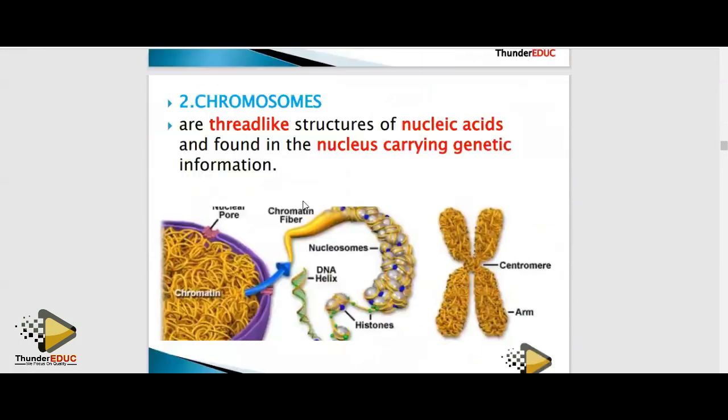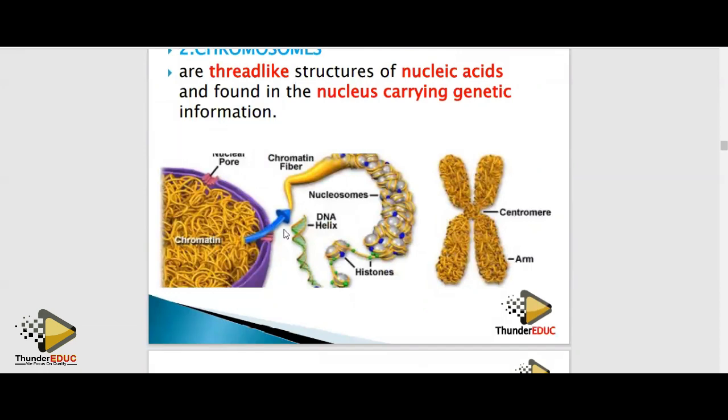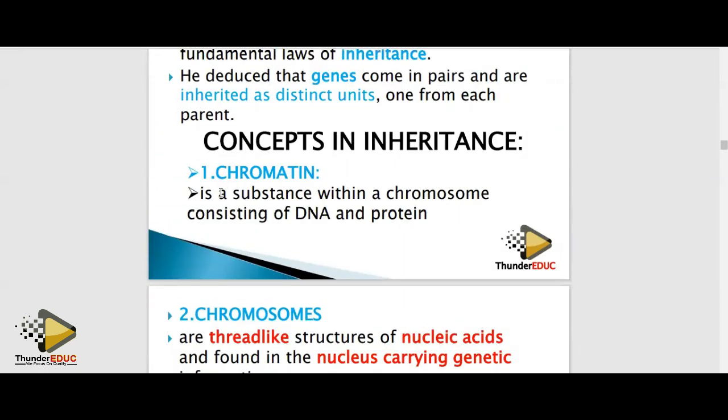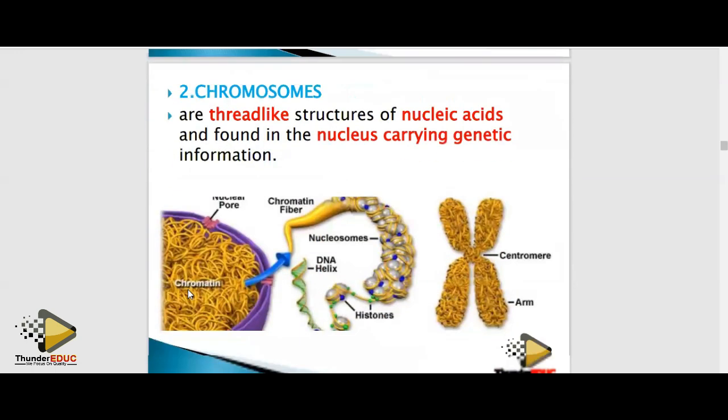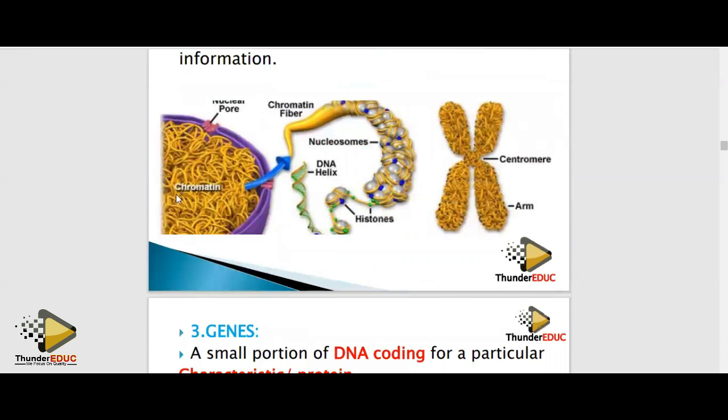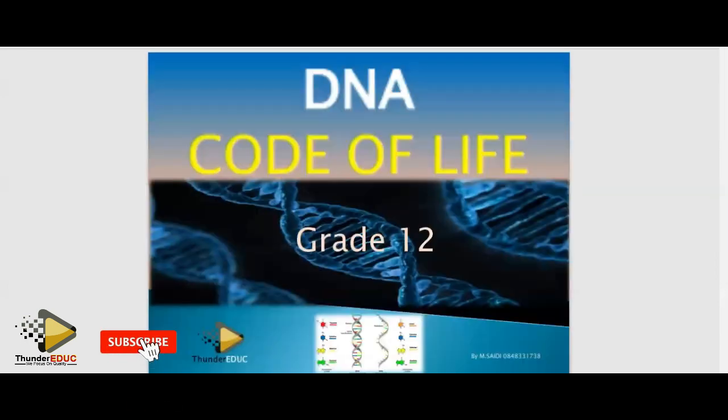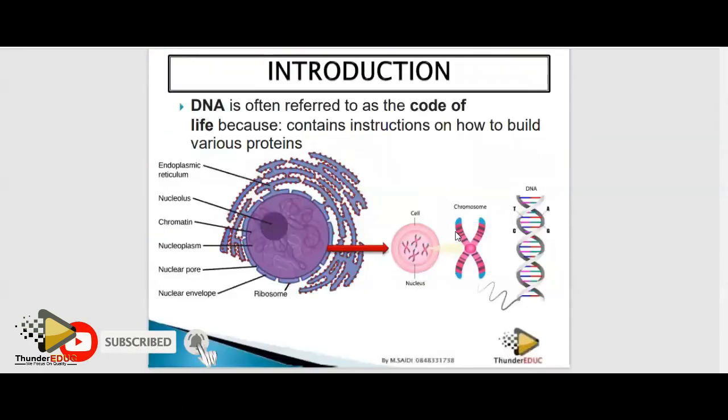Chromatin, or chromatin network, is indicated here. It shows you that it's a substance within the chromosome that consists of DNA and protein. If you look at it, you see that it is a network. Also, if you go back to DNA replication, you'll find it again.